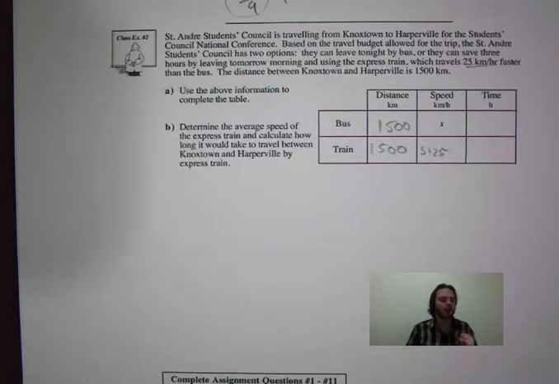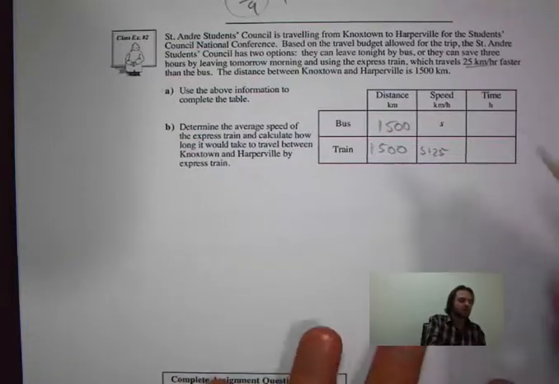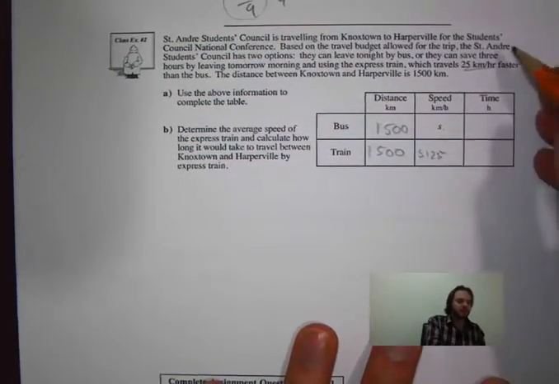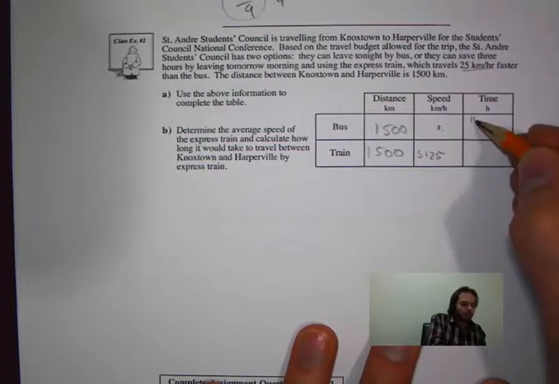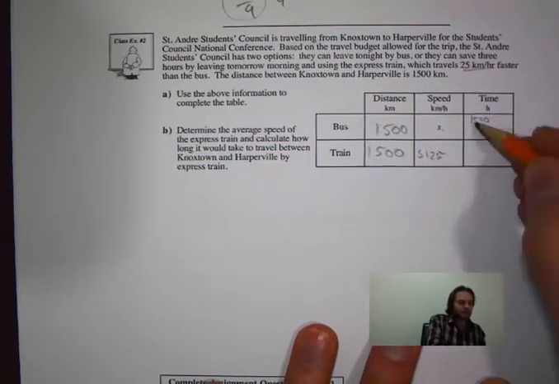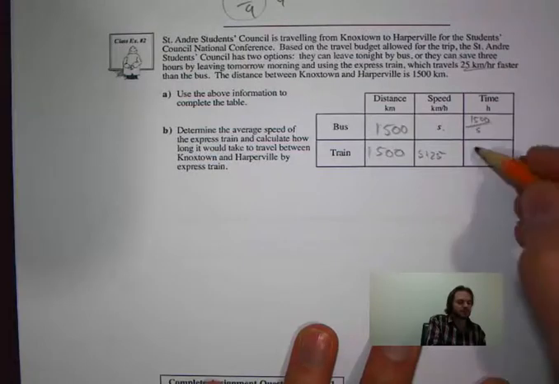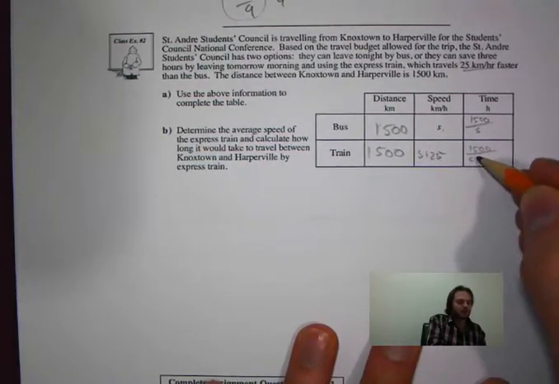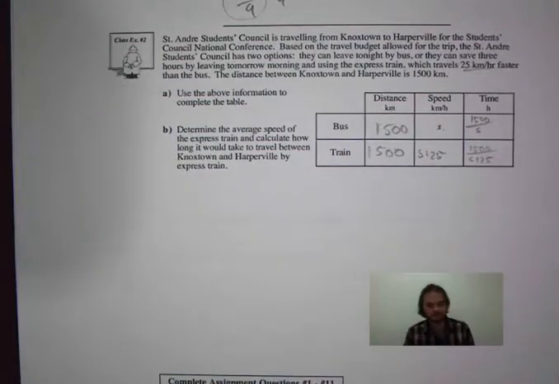Remember, time is distance divided by speed. So we have 1,500, which is my distance, divided by my speed, which is S. Here we have 1,500 divided by S plus 25.